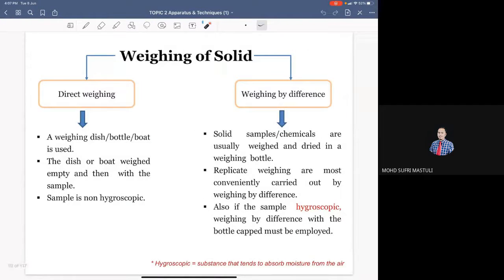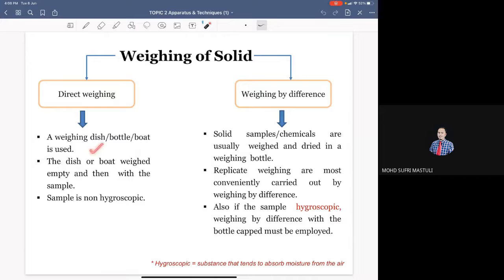So now, weighing of solid can be carried out either by direct weighing or weighing by difference. If you want to do direct weighing, we use the weighing dish or boat to weigh the sample.